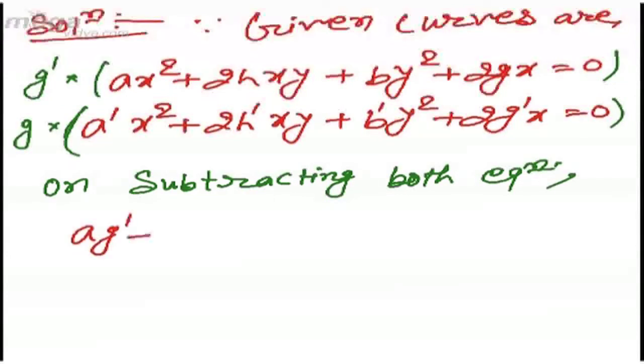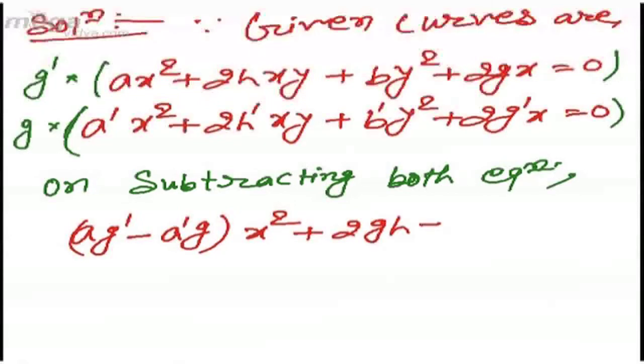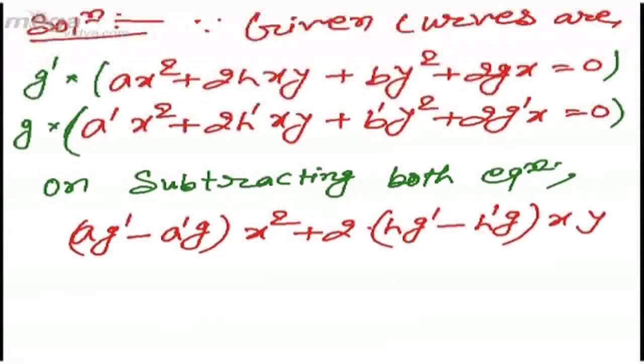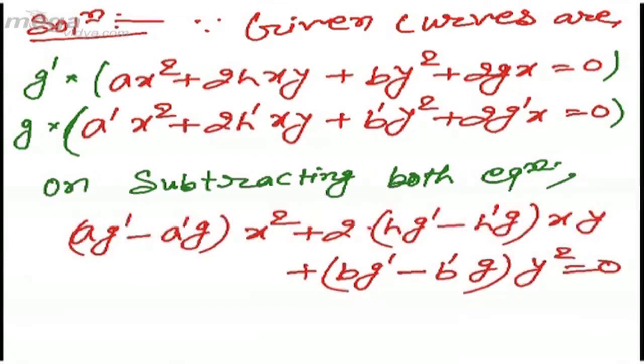(a g dash minus a dash g) x square plus (2gh minus 2gh dash plus 2hg dash minus h dash g) xy plus (b g dash minus b dash g) y square is equal to 0.